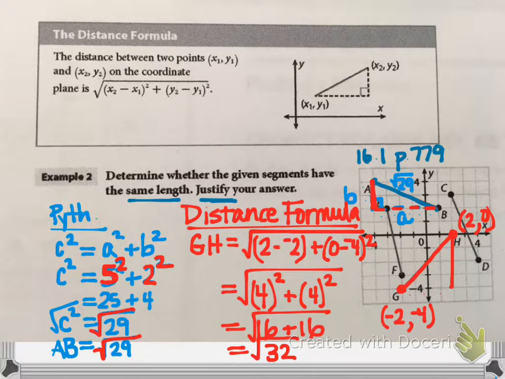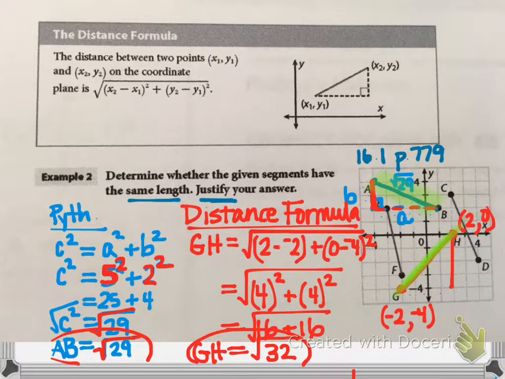Now, here's the annoying thing. Those two segments originally looked like they were pretty darn close. This looked like it was about the same length as this guy. But it turns out they are not the same length. AB is the square root of 29, and GH is the square root of 32, which is not the same.